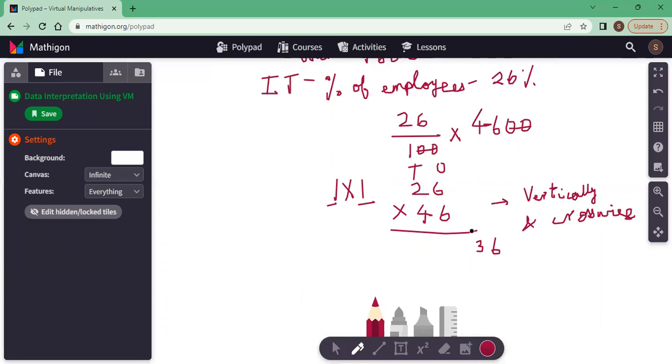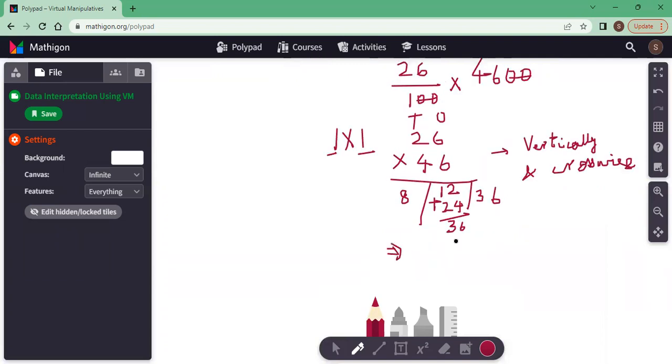6 into 6 is 36. 6 into 2 is 12. 12 plus 6 into 4 is 24. So 12 plus 24 is 36. Two into 4 is 8. So we use a thumb rule method to add here. 36 plus 3 is 39. 8 plus 3, this 3 becomes a carryover, so 8 plus 3 is 11.